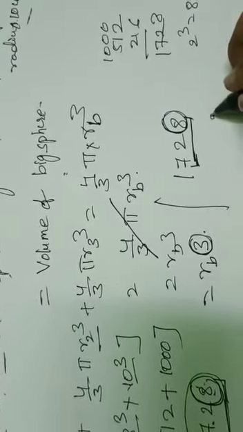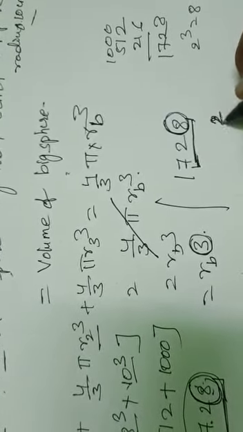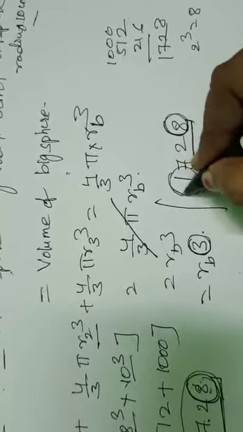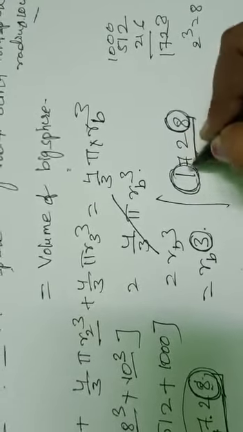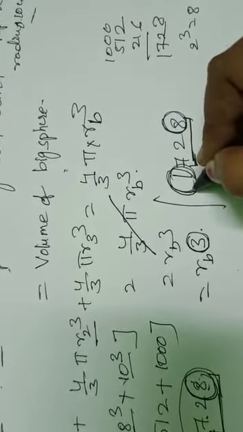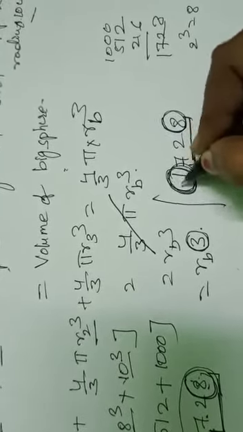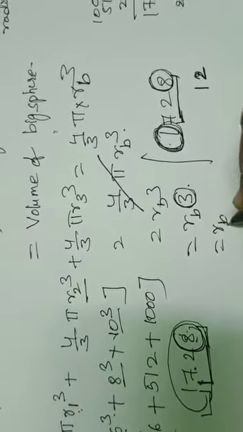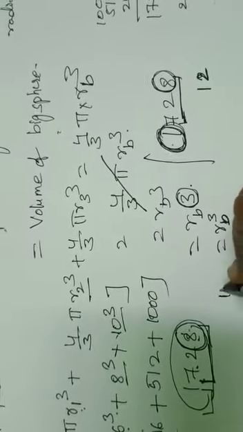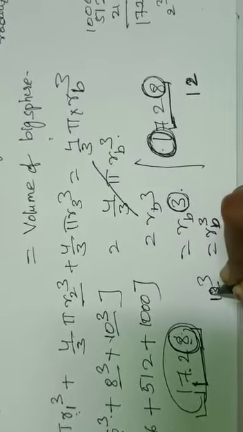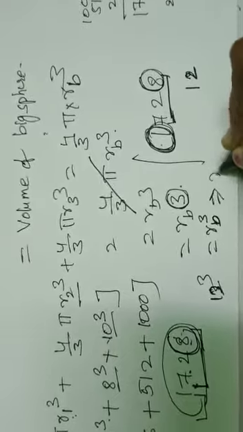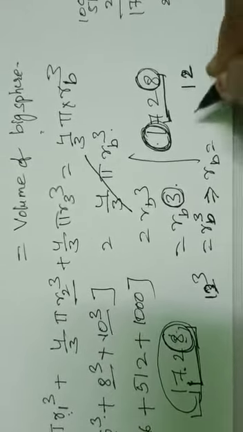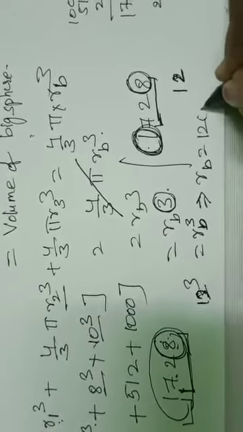So the unit digit is 2. Next, the remaining 1. Which number's cube is near to 1 or less than 1? Near to 1 is 1 cube. So the answer is 12. So RB cube equals 12 cube. So the radius of the resulting sphere equals 12 centimeters.